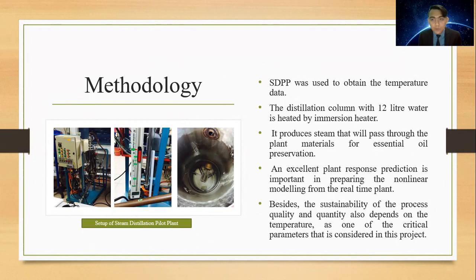It produces steam that will pass through plant material for essential oil preservation. An excellent plant response prediction is important in preparing the nonlinear modeling from the real-time plant. Besides, the sustainability of the process, quality and quantity also depend on the temperature. It's one of the critical parameters that is considered in this project.